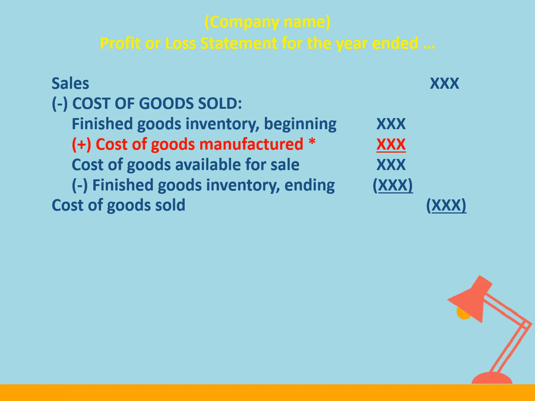This will give us cost of goods available for sale minus the finished goods inventory ending, and we will get our cost of goods sold.